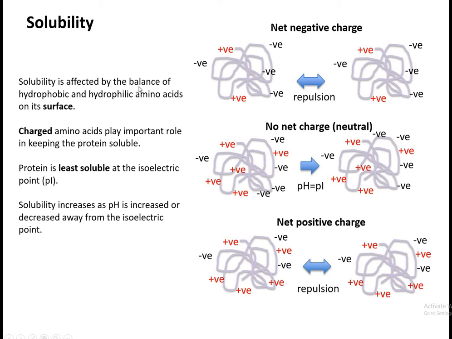Solubility is affected by the balance of hydrophobics. We know hydrophobic groups are somewhat buried inside the molecules, and the hydrophilics are on the surface, contributing to the charges. So this charge is the one playing a role in keeping protein soluble, and we understand now that at the isoelectric point it is the least soluble, and as we move away from the isoelectric point, solubility is affected differently.